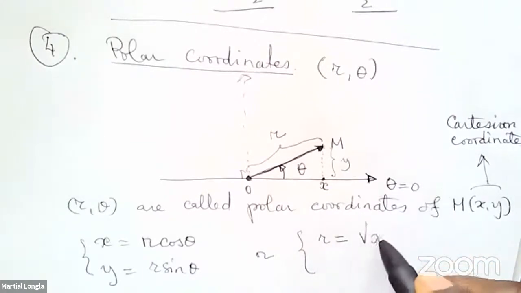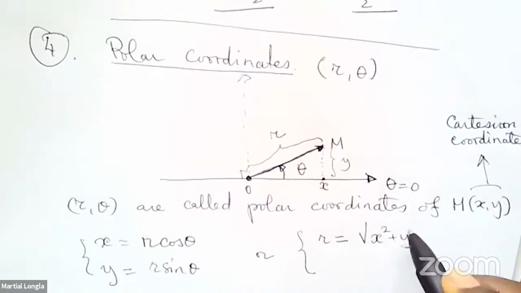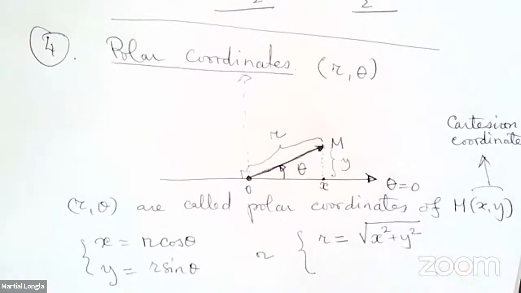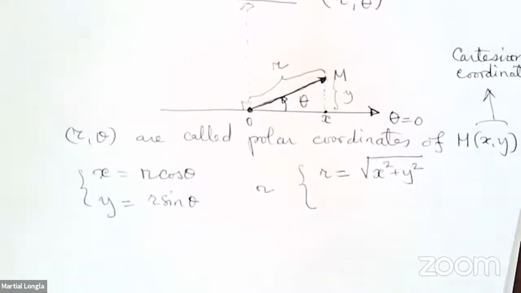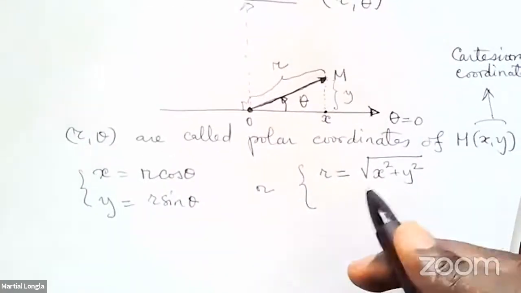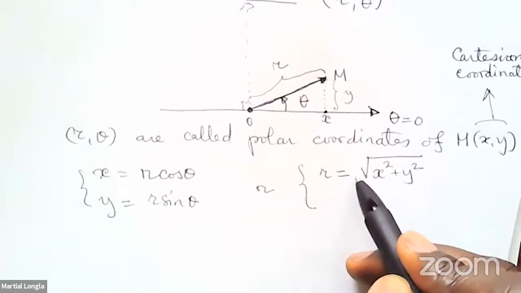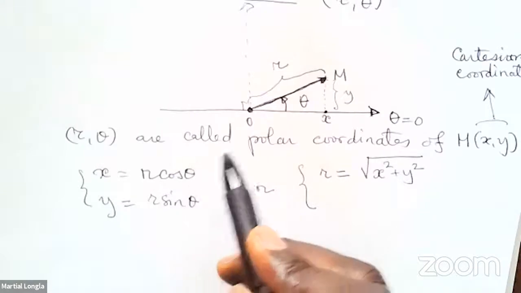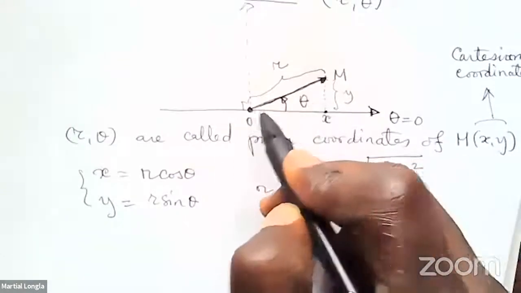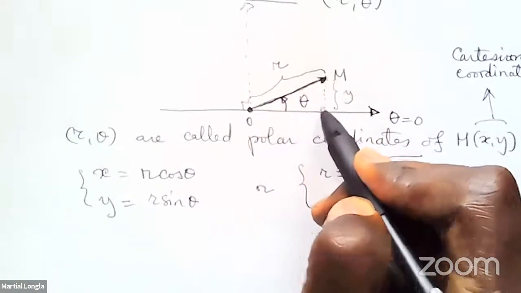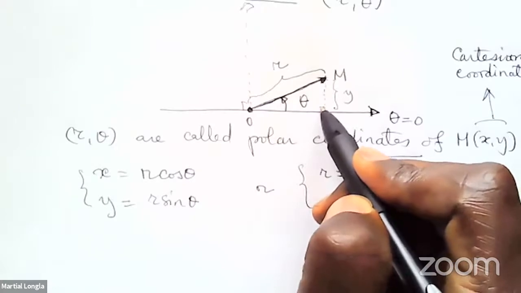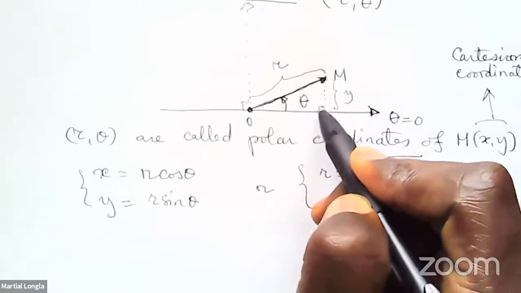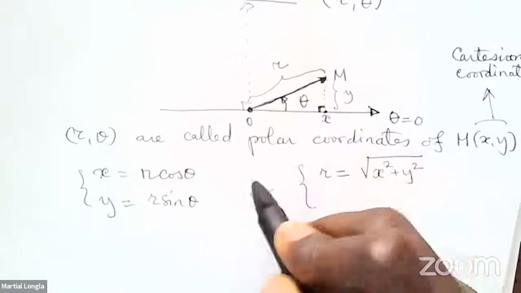Or I can go find the polar coordinates. r is the square root of x squared plus y squared. If I know x and y, then I can find the polar coordinates, first getting r as the square root of x squared plus y squared. You can see that here on this graph, this is a triangle with a right angle right here.